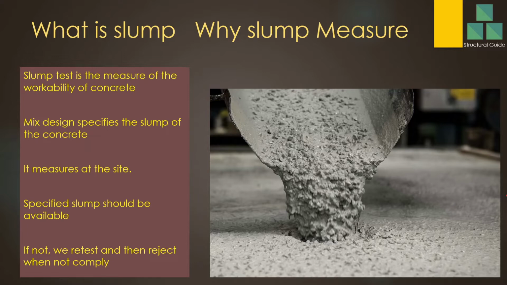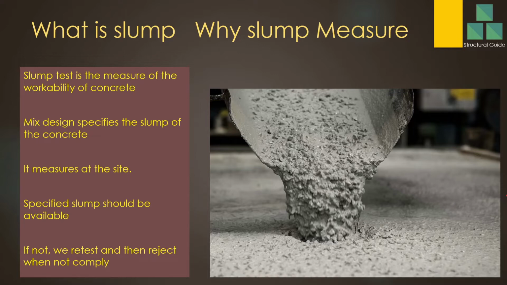If it is not pumpable and we just pour into the slabs, we may need a different slump. It doesn't mean we can put higher slumps there, but in special cases we may need to adjust the slump. So depending on the nature of the construction, we decide the slump.